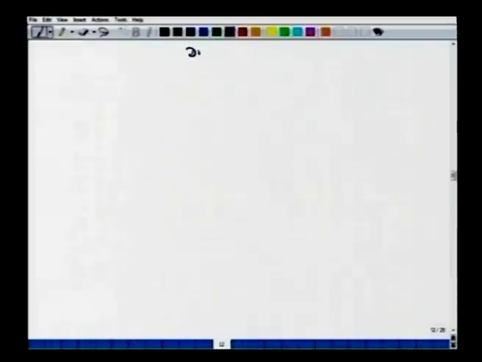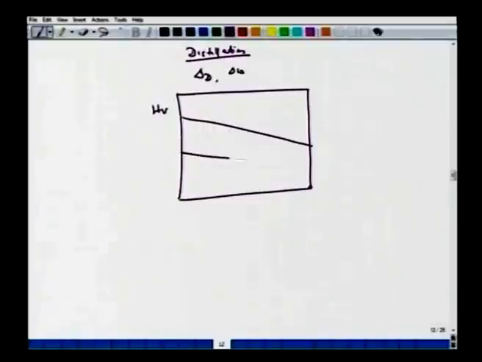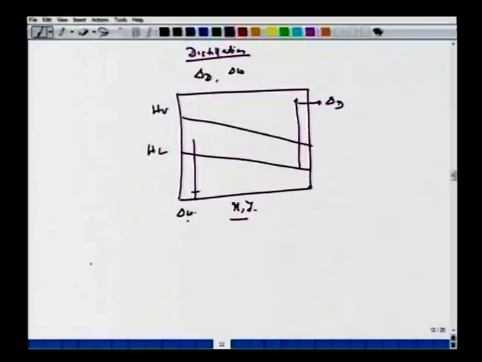If you recall, in the distillation column we looked for two difference points, del D and del W. Essentially you have the Ponchon-Savarit method, where you plotted HV and HL, and here you had XY, and then you look for one reflux point here as del D, and at the bottom you had del W. So just qualitatively, if you want to address this extraction with reflux, one follows a similar approach.